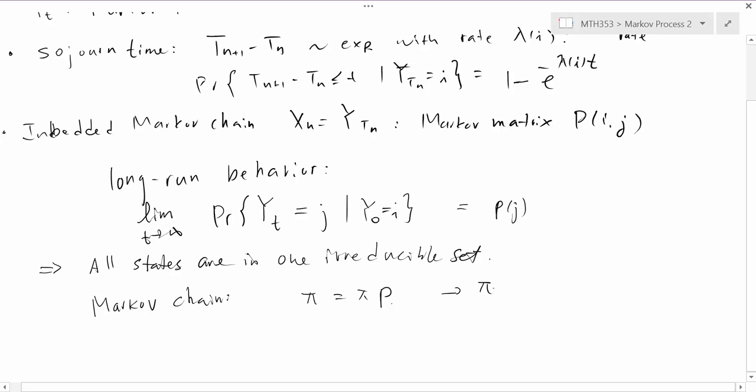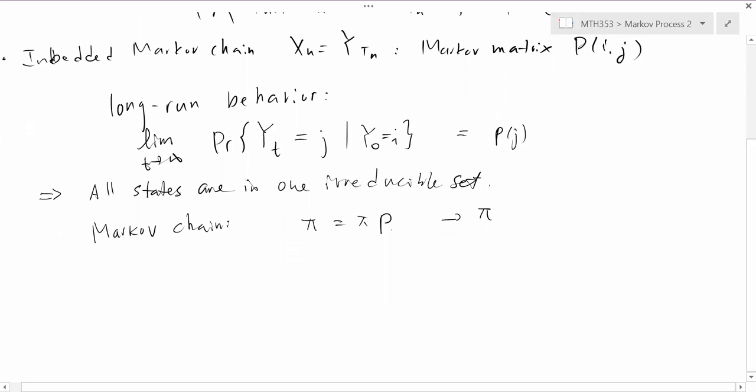So we somehow need to combine this pi, which is solved from the Markov matrix, and this sojourn rate lambda_i. And how do we do that? There is an easy way. Let's see the following argument. Pi here is how likely we are to actually end up in j. And then after you get to j, we need to know how long on average it is going to stay in j.